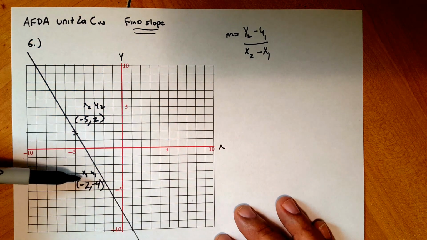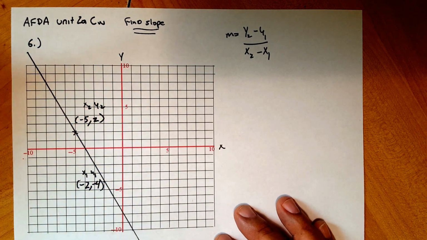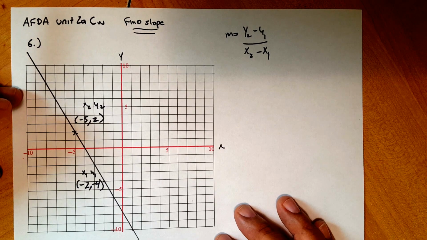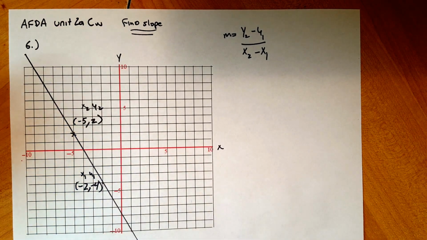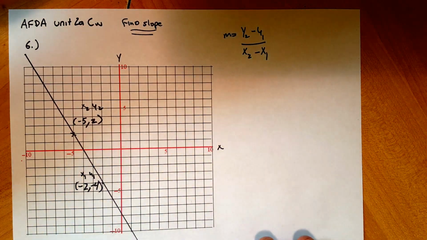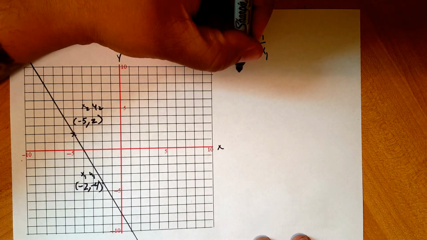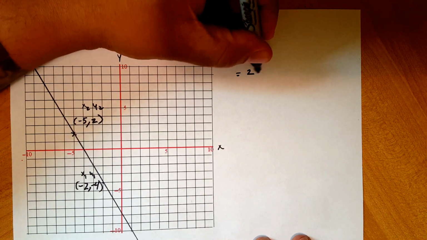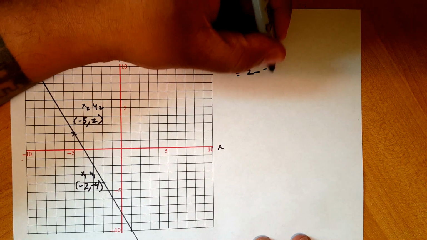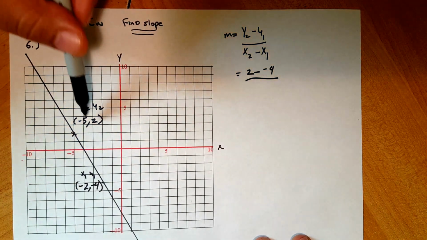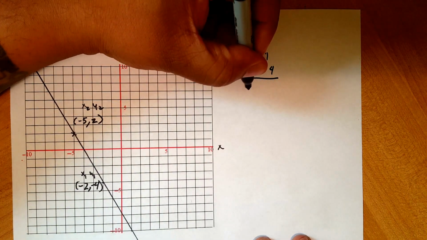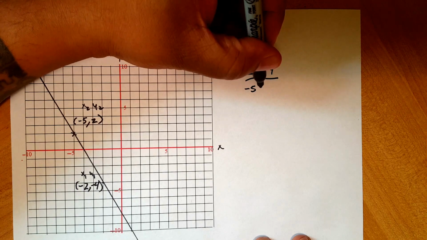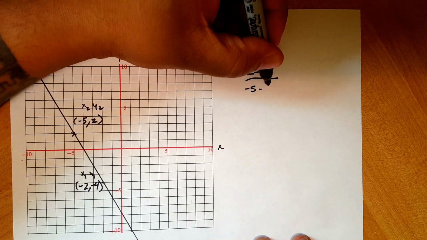I could have chosen this to be my x2, y2, and this to be my x1, y1. As long as you're consistent, it doesn't really make a difference. So let's plug in. So y2 is 2, y1 is -4, x2 is -5, and x1 is -2.